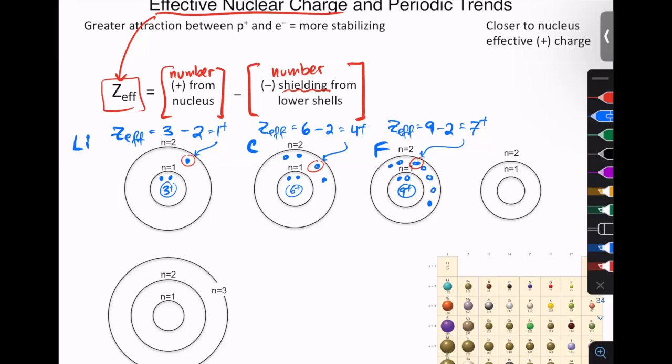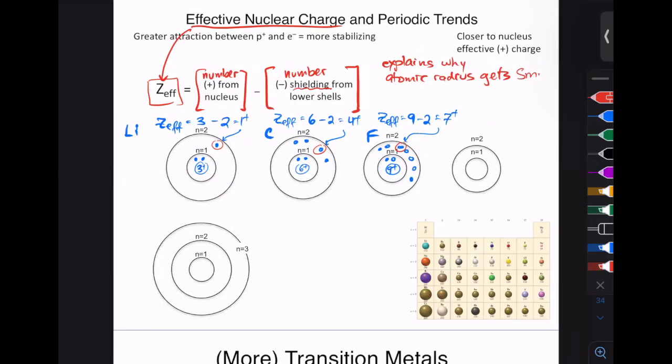That also explains why the ionization energy gets higher and higher, because any one of those 7 valence electrons in fluorine is much more strongly attracted to the positive charge in the nucleus than the valence electrons are in carbon or in lithium. It's going to take more energy to overcome that stronger attraction. So the ionization energy increases and the atomic radius shrinks. Right? This explains it.